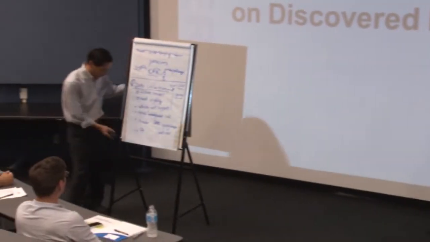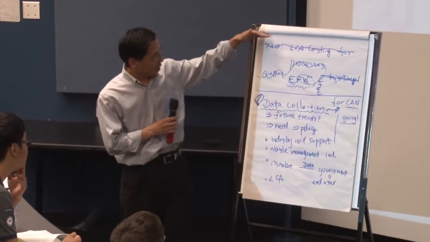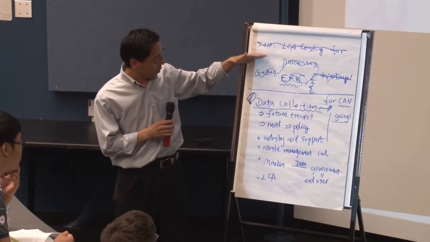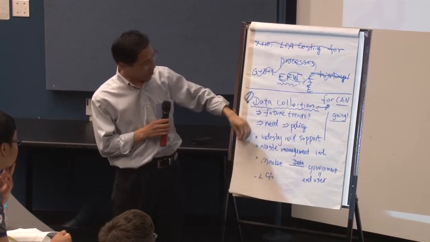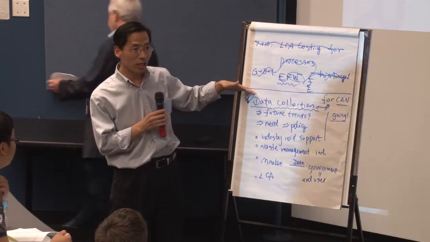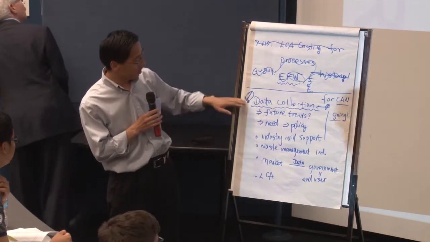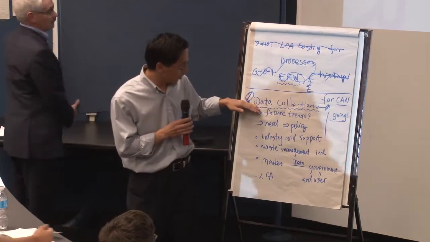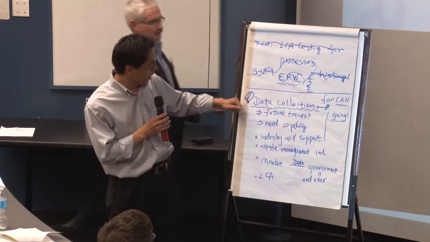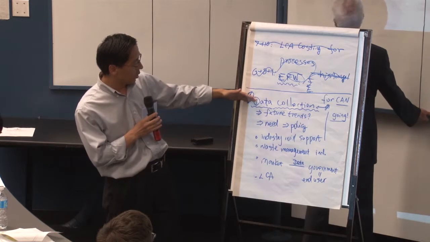Thank you, Bill. Okay, we had a great discussion on the list. You have 12 items, but we started with data collection, which is number 9 on the list. Most of the people in the group agreed that this is one of the important items to discuss. So data collection, I'm sure you already know what it is about.